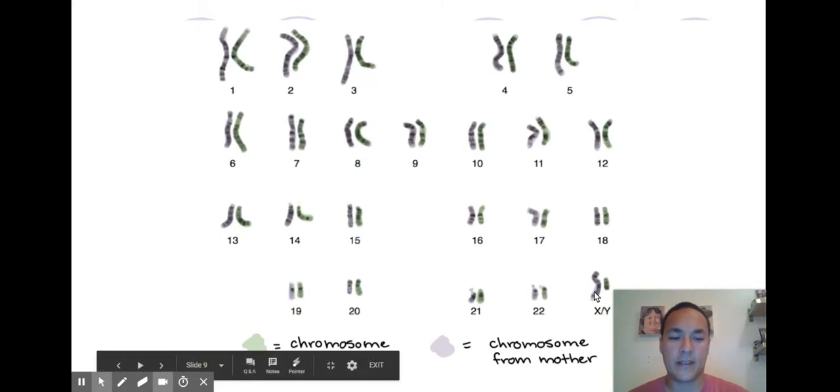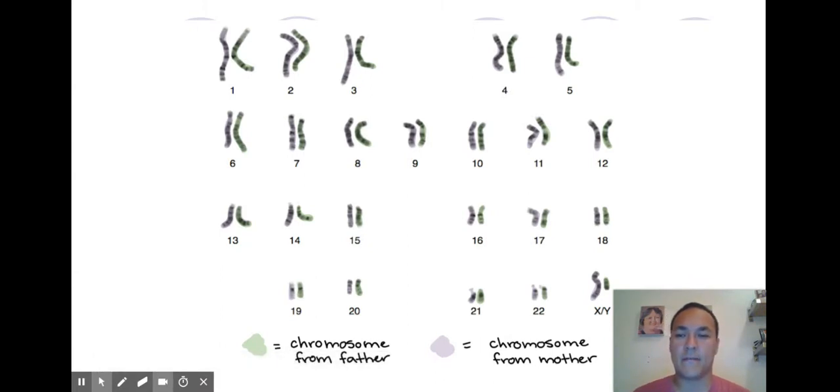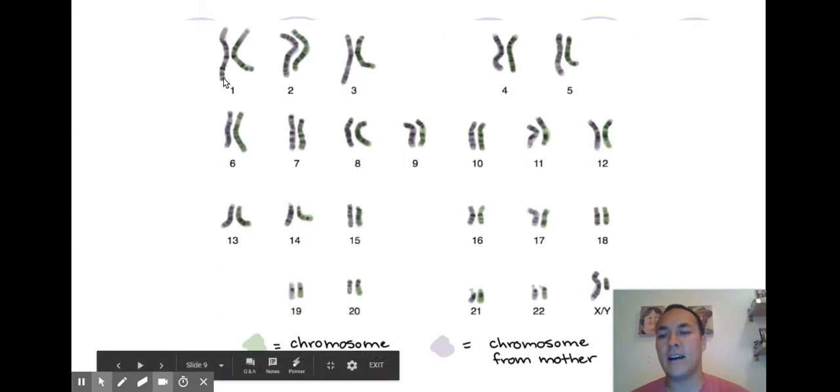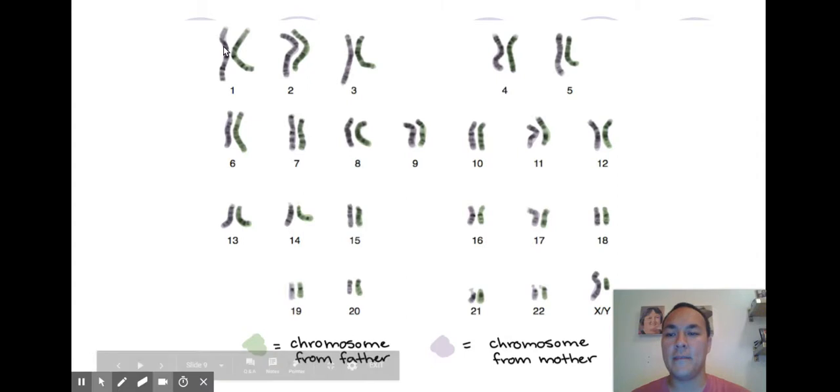And then we keep the sex chromosomes separate. You can see that 1 is from your mother and 1 is from your father. This is called a homologous pair of chromosomes. Homo means the same. They have the same genes, but they may have different forms, or alleles, of those genes.